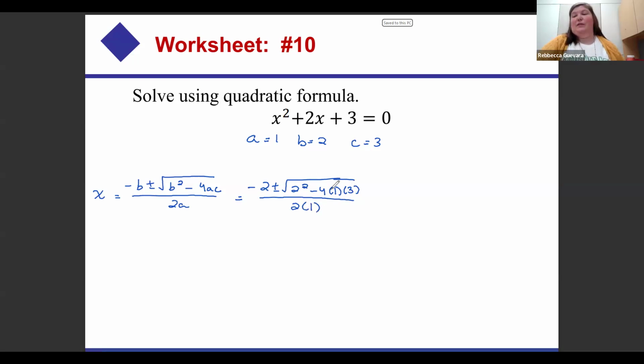And it has to do with the discriminant, or what's under that square root. So let's see what that problem is going to be. So this is going to be 4. This is going to be 12.